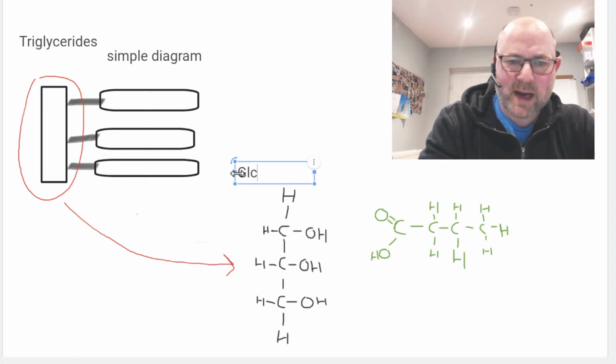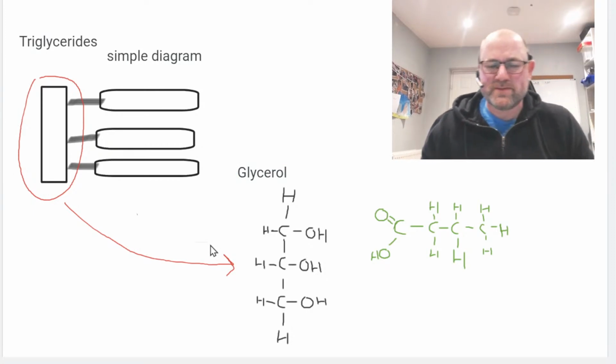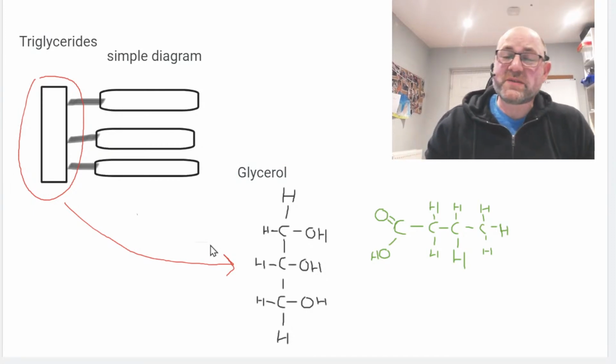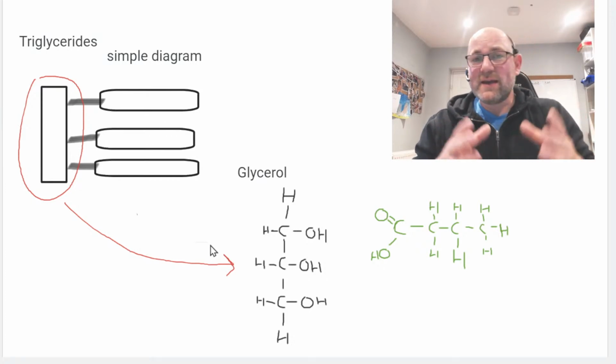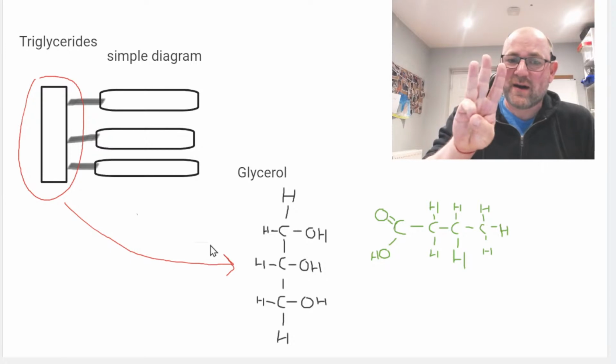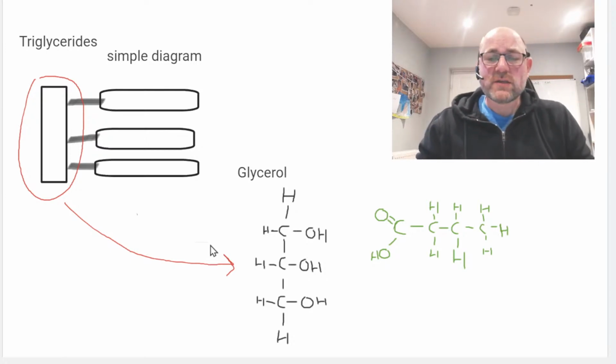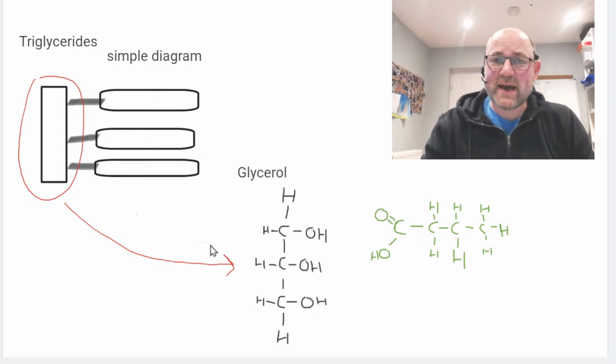So it's made up of hydrogen, carbon, and oxygen, and it's got those OH groups. It's an alcohol. In fact, if you're a chemist, its name is propan, for the 3 carbons, 1, 2, 3, triol. So it's propan-1,2,3-triol. That's the name, but in biology, we just call that glycerol, okay?